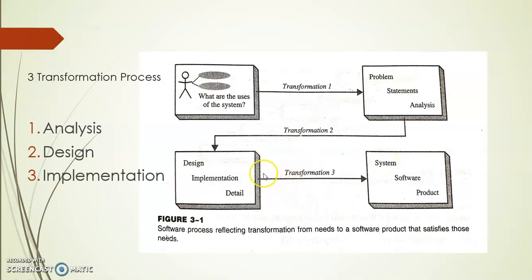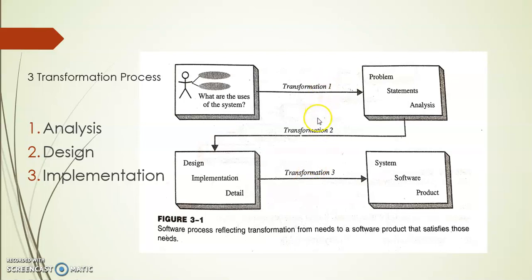This was the diagram for the three transformation process, where the use cases are converted into a problem statement analysis, and that step is called analysis. The problem statement analysis is converted to a design implementation detail. That part is known as design part, and the implementation detail is converted to a system software product ready to use, and that transformation is called implementation.